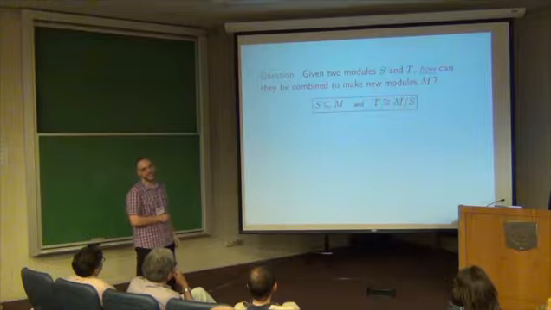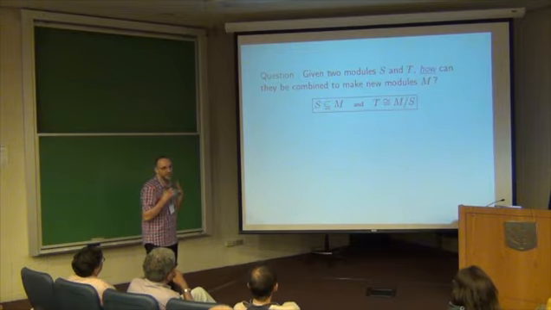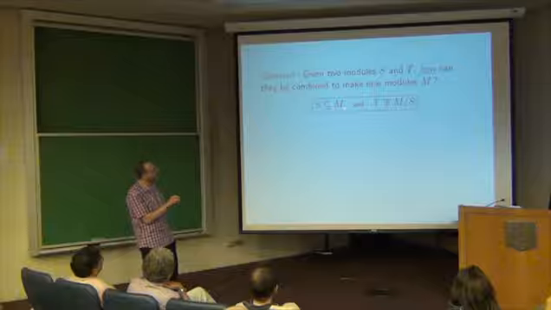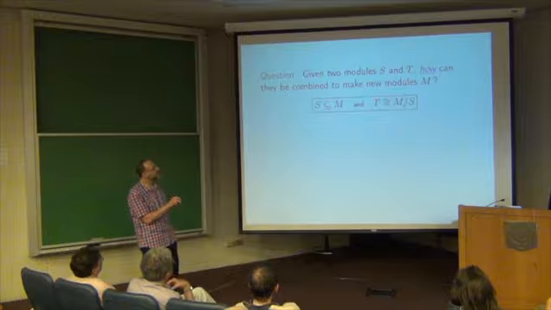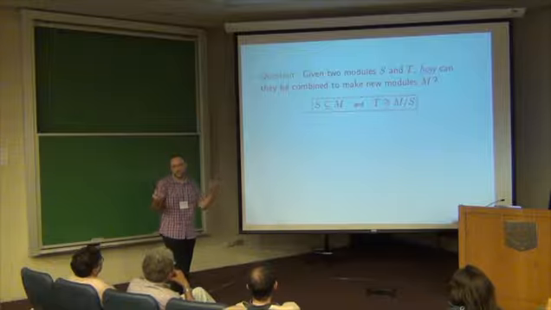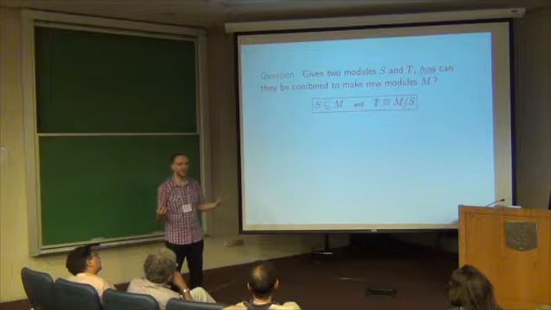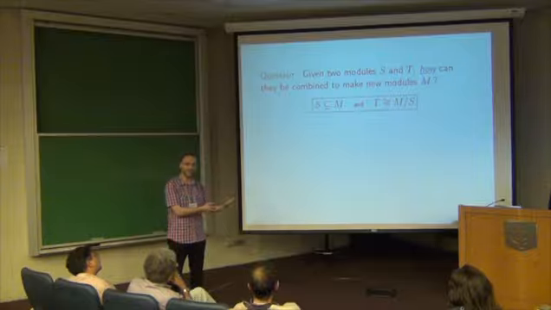Given two modules S and T, how can we combine them to form new modules? What we want is a new module M, with S a submodule of M, and T the quotient of M by S. This is something that's familiar to combinatorists, right? We have some objects, we want to combine them together to make new, interesting objects.